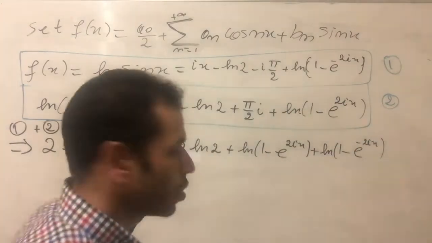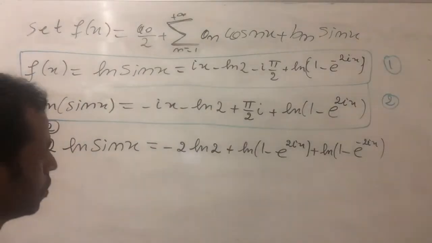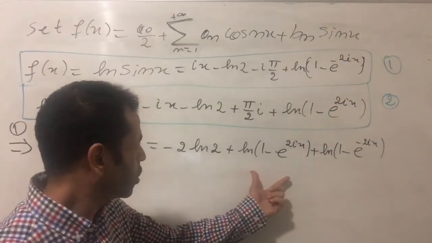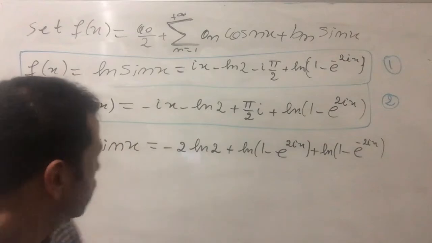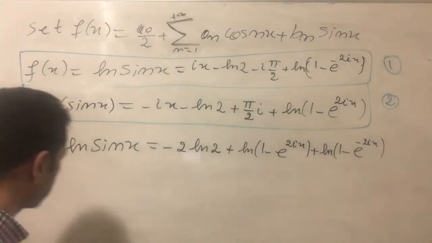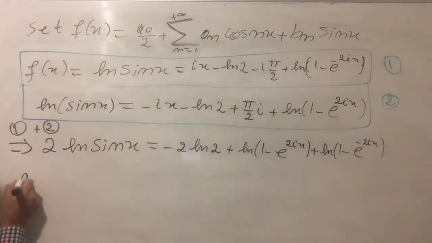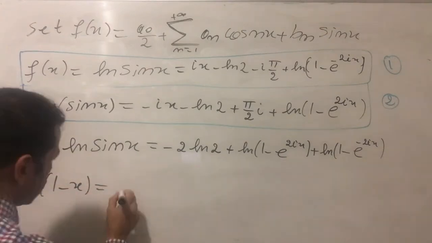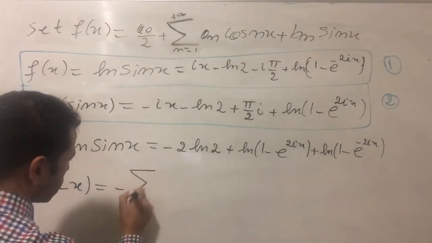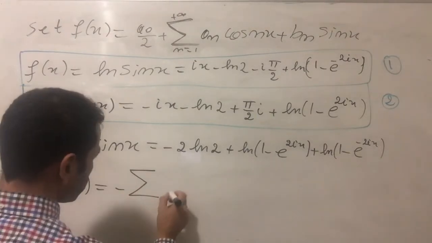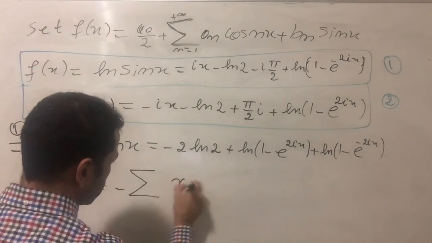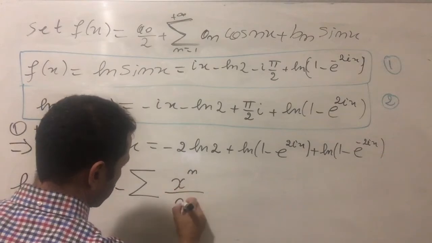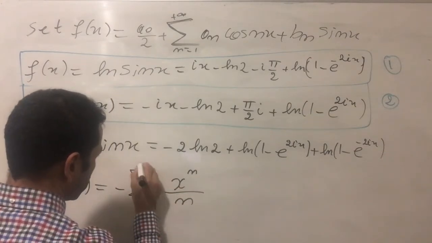Okay, so what I'm going to do now is apply the Taylor formula. We have natural log of 1 minus x equal to minus the sum of x to the n over n, as n goes from 1 to plus infinity.